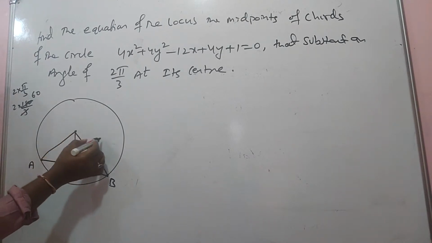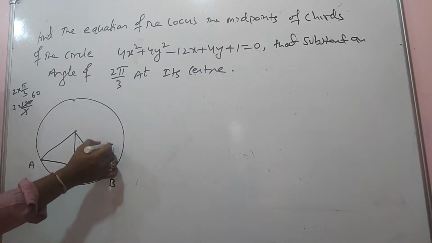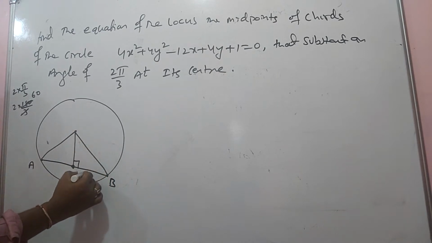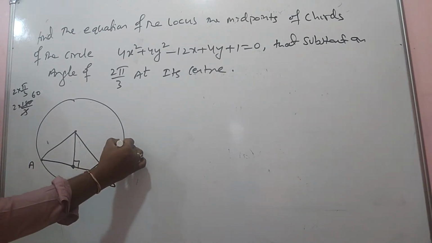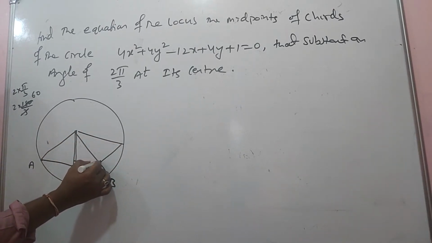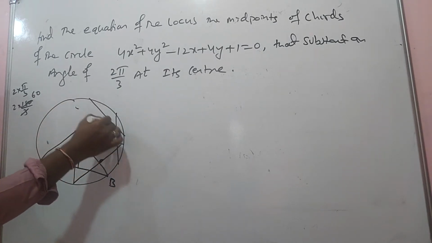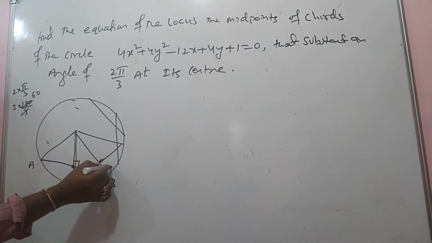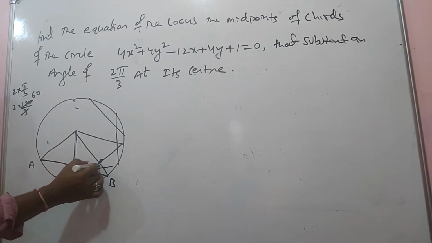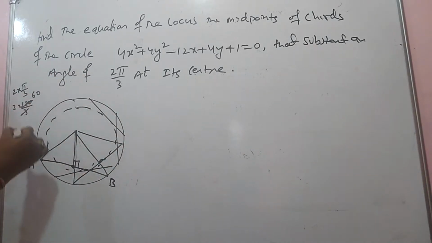If I take one more chord like this, which also makes the same angle, you get a midpoint here. Like that, I can take many chords, I can take one more chord here, and the midpoint here. So like this, all the midpoints make a circle shape.